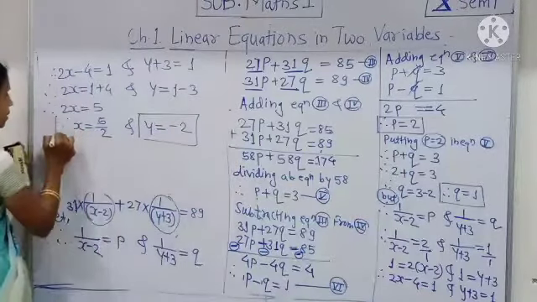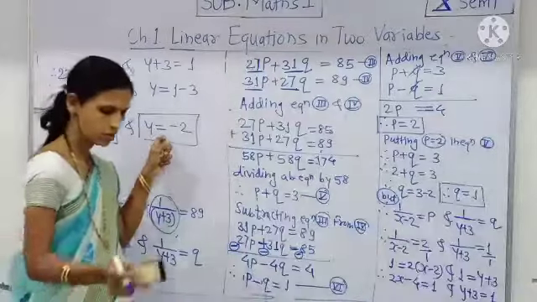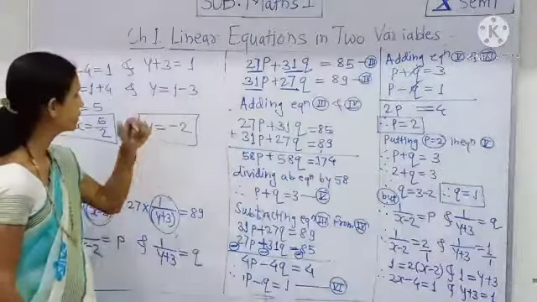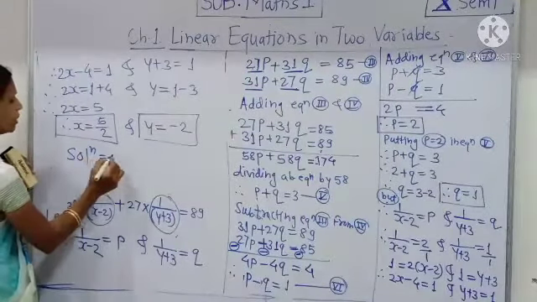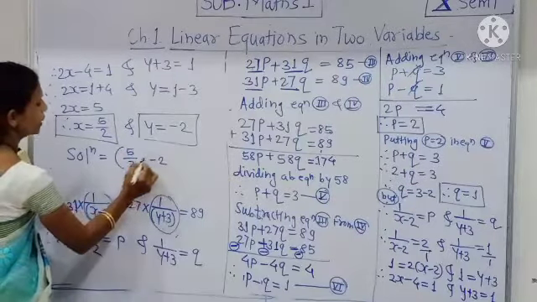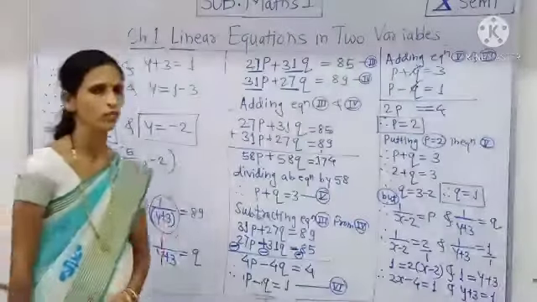That means here the values of x and y are the solution of the given equations. That is, the solution of this equation is 5/2 and -2, the roots of the given equation.